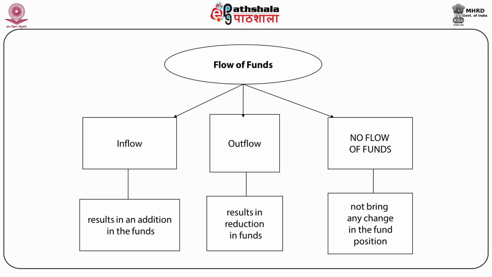As far as no flow of funds is concerned, its examples are purchasing machinery by making the payment in shares, and transfer to reserves. So the flow of funds makes clear that there are three types of flow: inflow, outflow, or no flow of the funds.